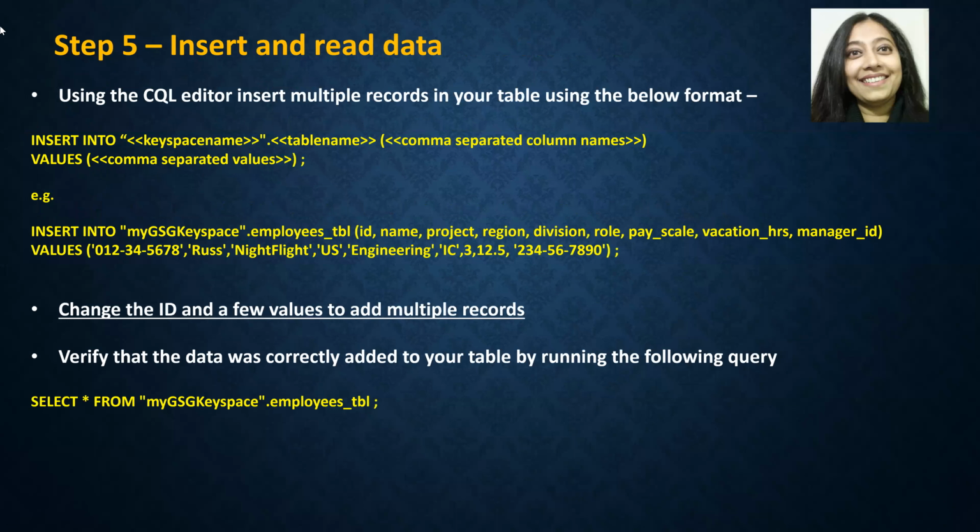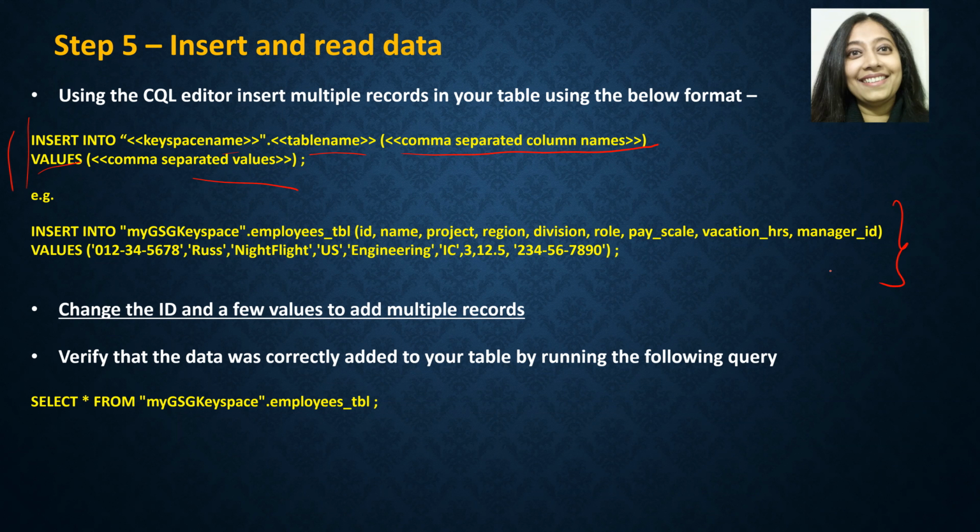Step 5 is to insert and read data in our table. So this is the insert statement, and this is how you insert data. Basically, insert into keyspace name, table name, right? Comma separated column names, values, and comma separated values. This is an example right here.